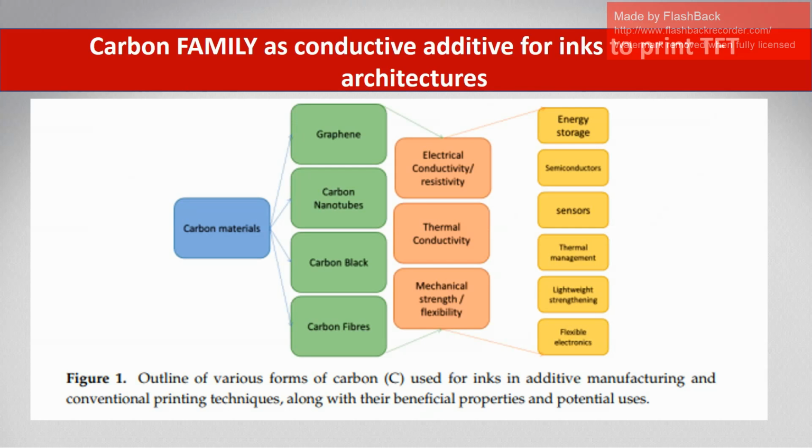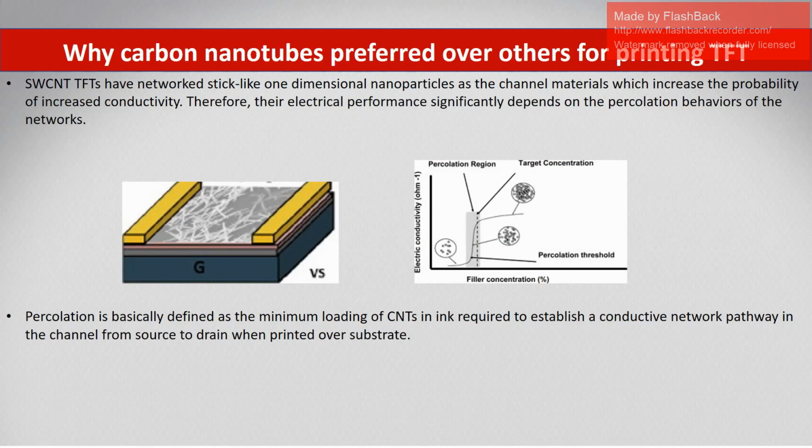So we have carbon materials like graphene, carbon nanotube, carbon black, and carbon fiber, which can be used for inks in additive manufacturing and conventional printing techniques. And they have their beneficial properties and potential uses. So why do we use carbon nanotubes over the other materials for printing TFTs?